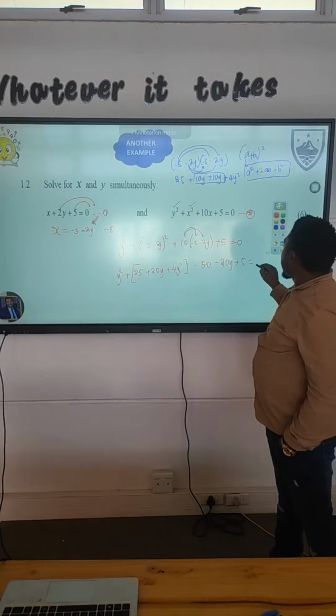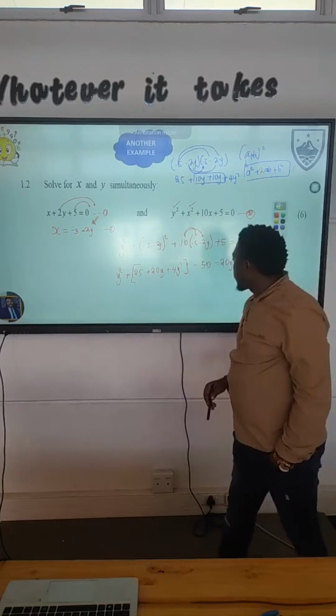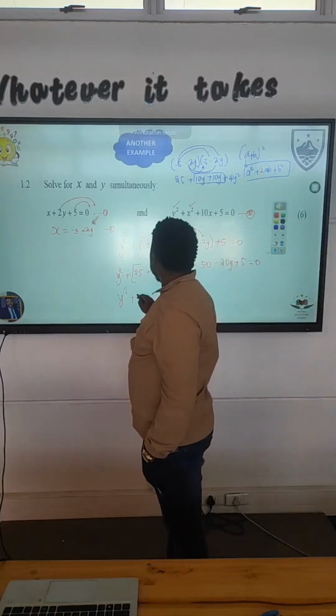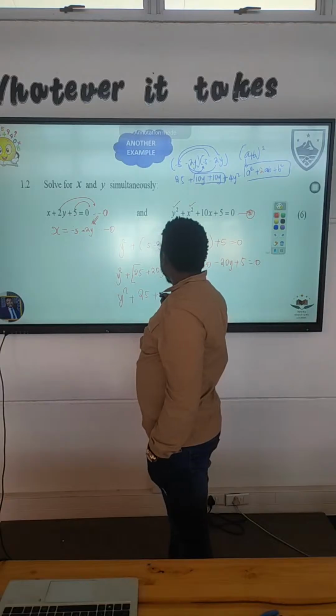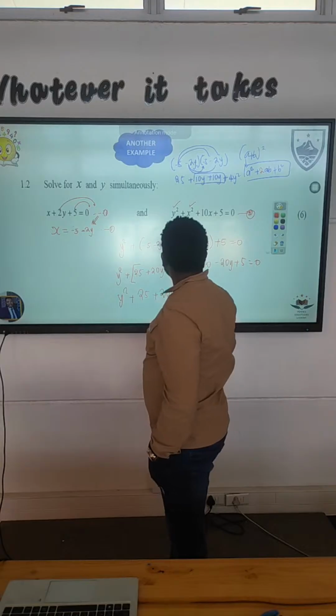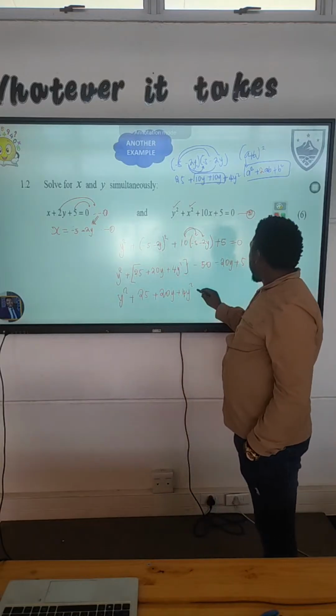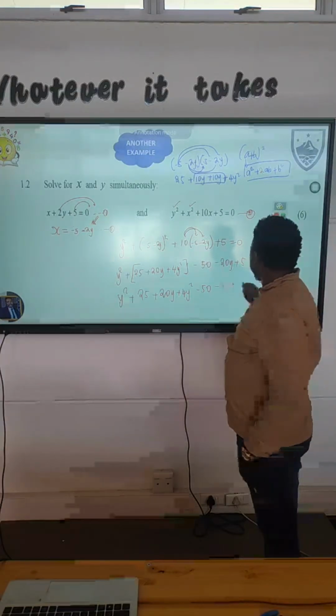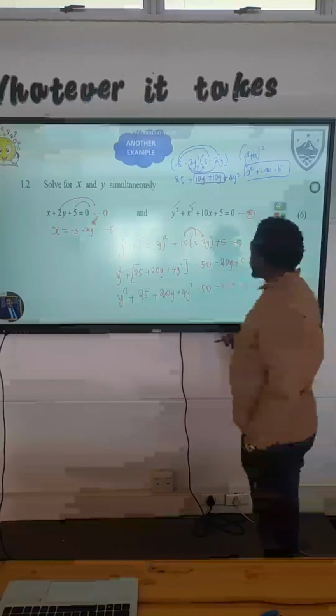And then plus a 5 that is isolated on the other side. I can remove the bracket safely now. Y squared, I have 25. I have a 20y. I have a 4y squared. And then I have a negative 50. And I have a negative 20y. And then plus 5 equals to 0.